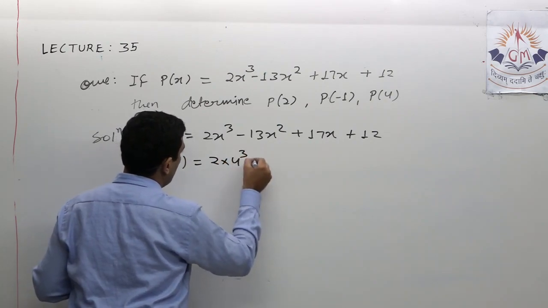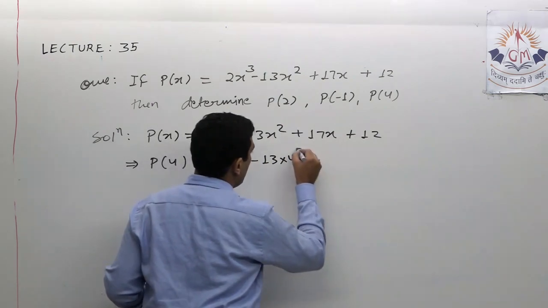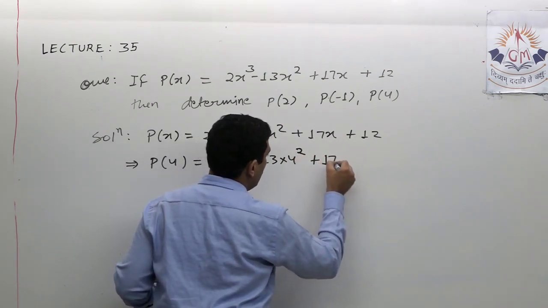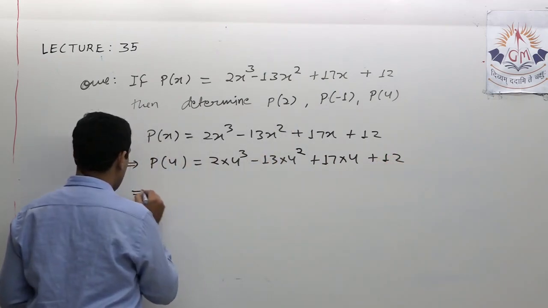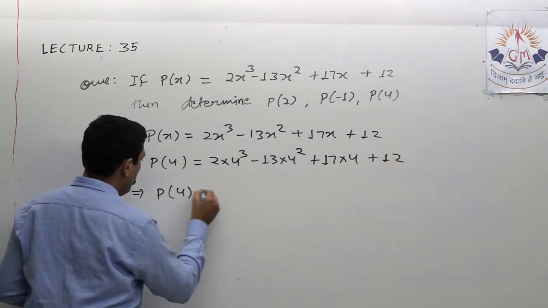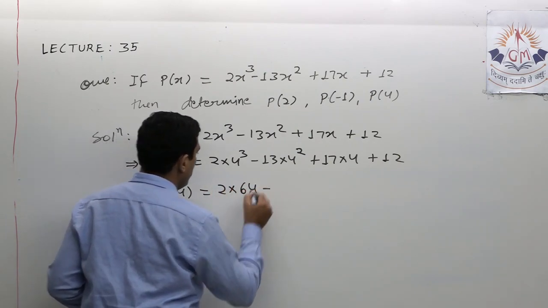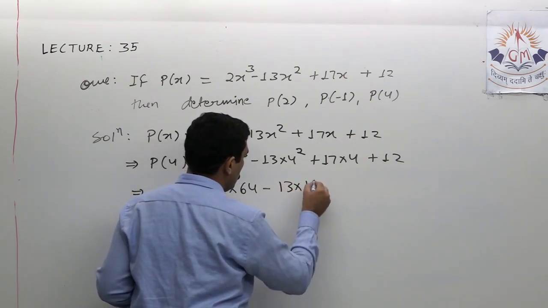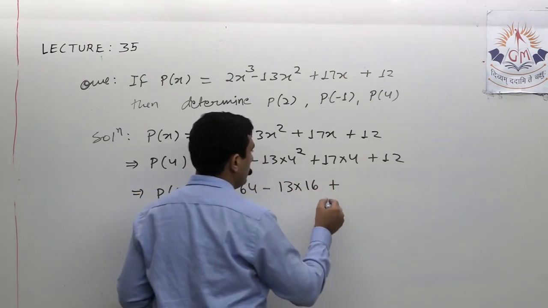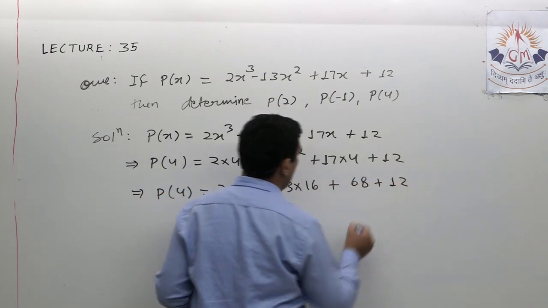So 2 into 4 cube minus 13 into 4 square plus 17 into 4 plus 12. So p of 4 is equal to 2 into 64, 13 into 16, 68 plus 12.